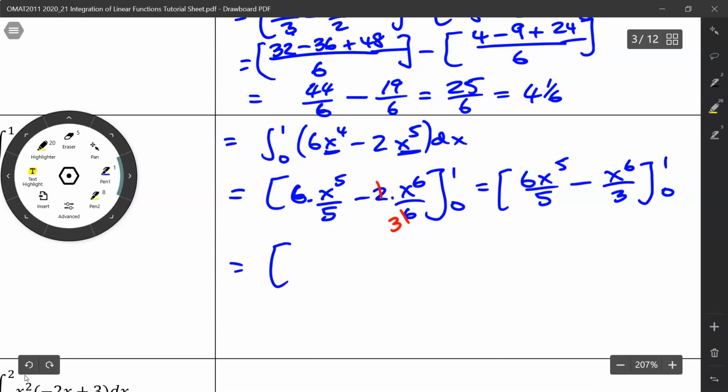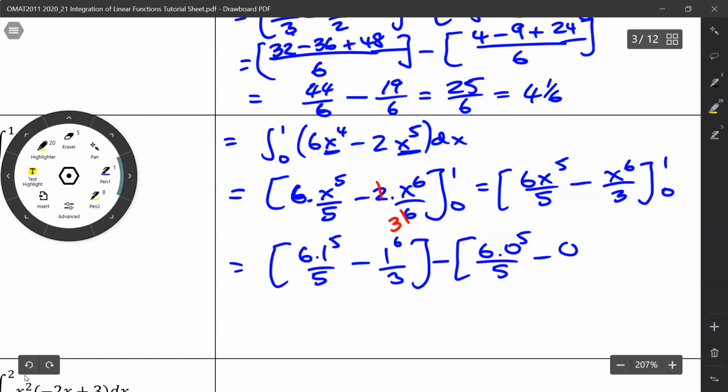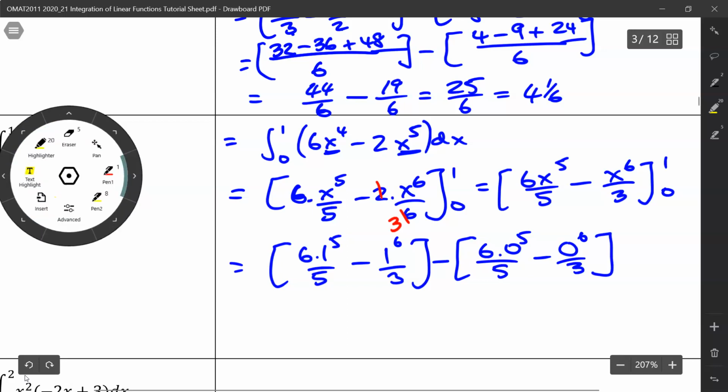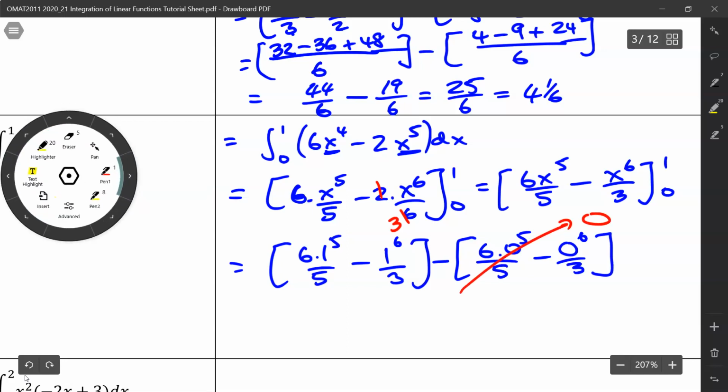So I can plug in that one. So it's 6 times 1 to the 5 over 5 minus 1 to the power of 6 over 3, minus 6 times 0 to the power of 5 over 5 minus 0 to the power of 6 over 3. So straight away, everything in here is going to go to 0.